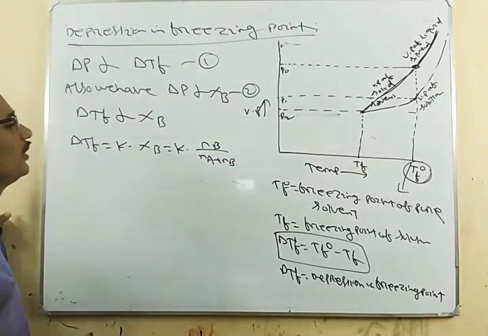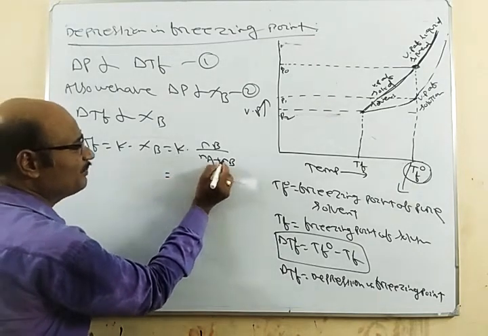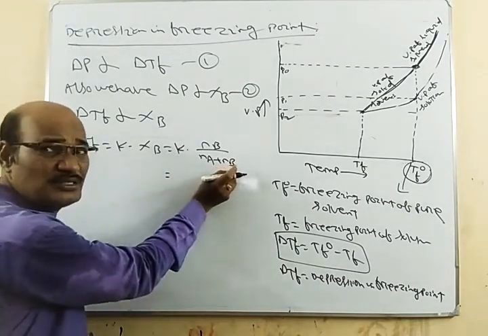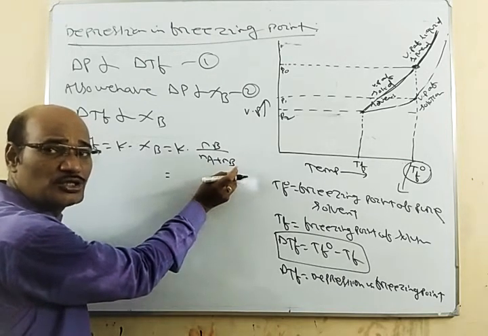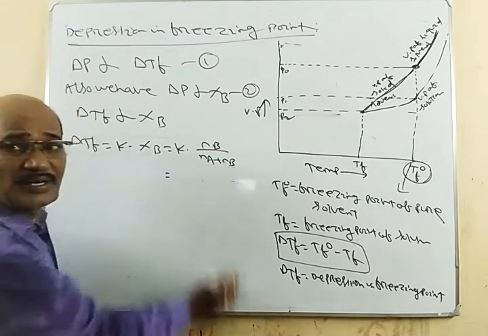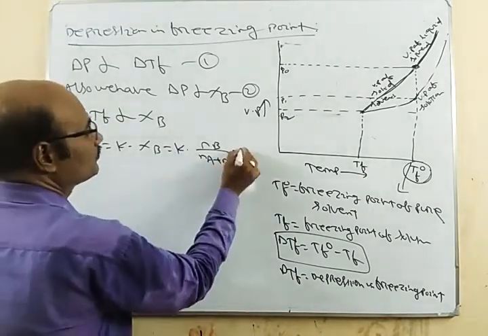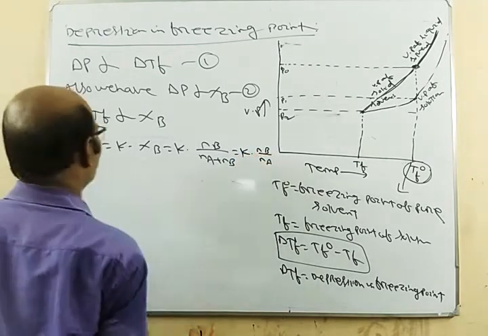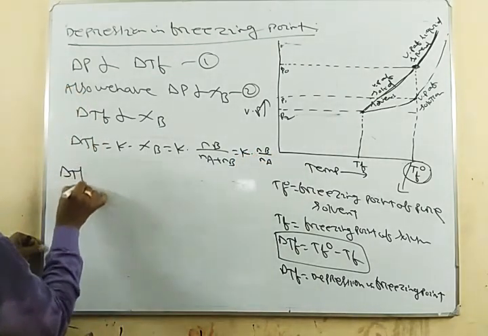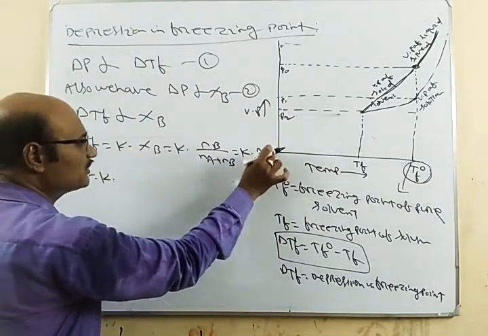Because nB is very small for a very dilute solution, I can take nA plus nB as nA. So delta Tf is equal to K into nB by nA, where nB is the number of moles of solute.